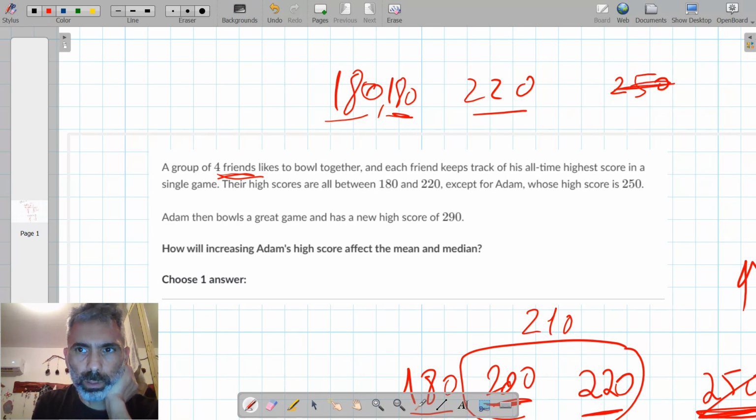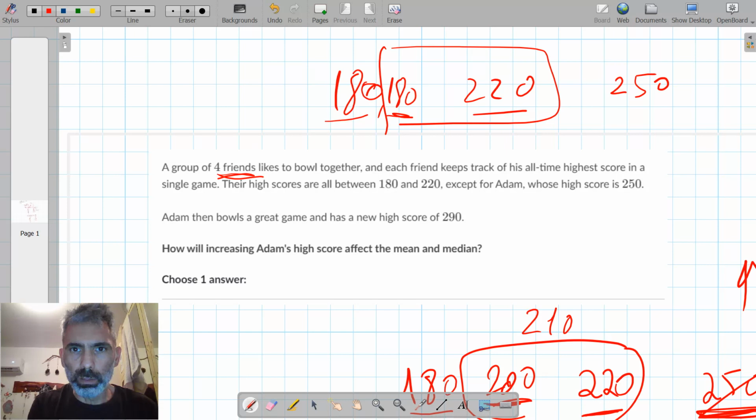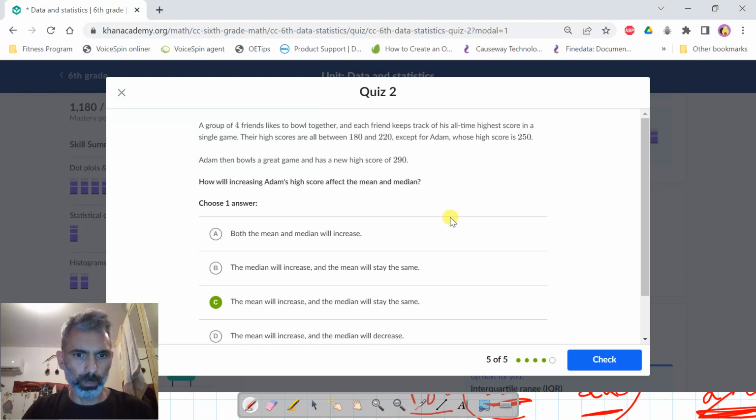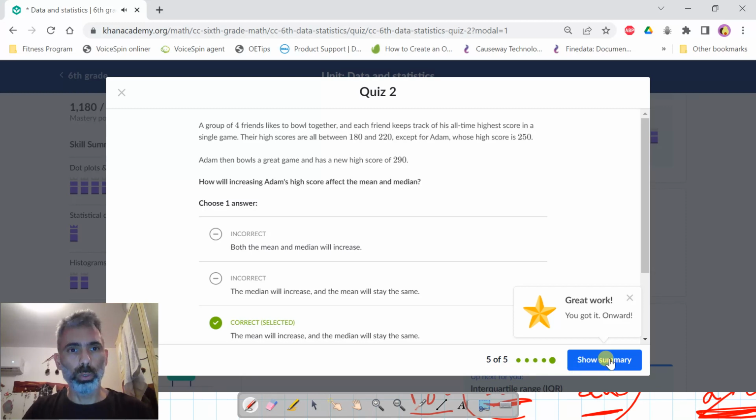And now, to begin with, the median will be the mean of these two numbers, and the mean of 180 and 220 is 200. And if we shift 250 to the right, it's still 200, so the median does not change. Okay, the mean will increase, the median will stay the same. Good.